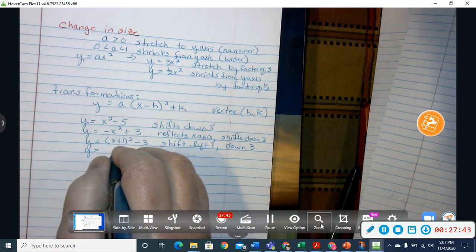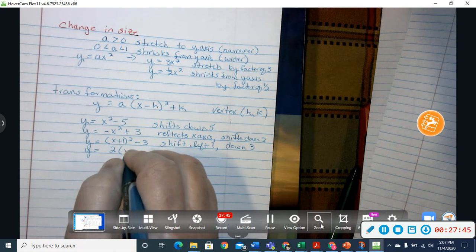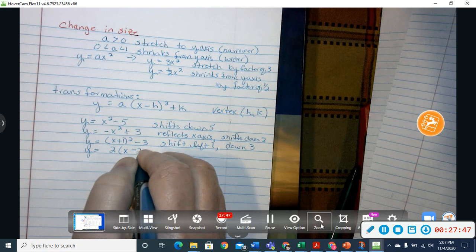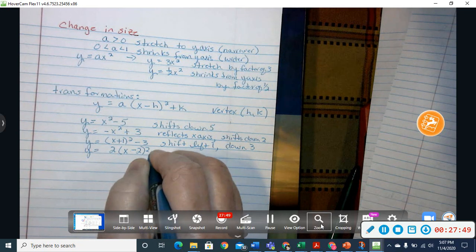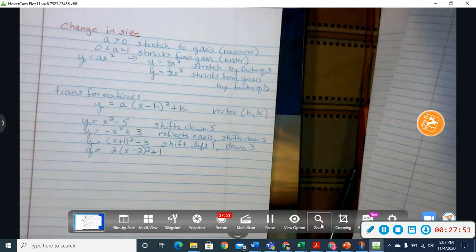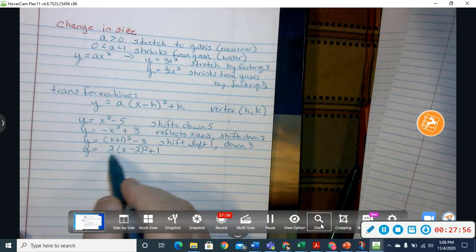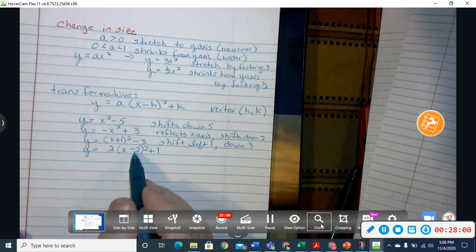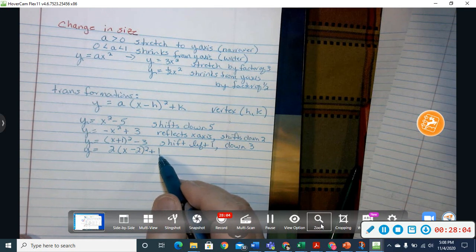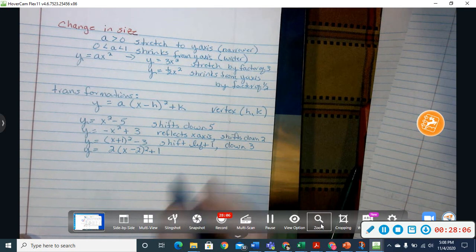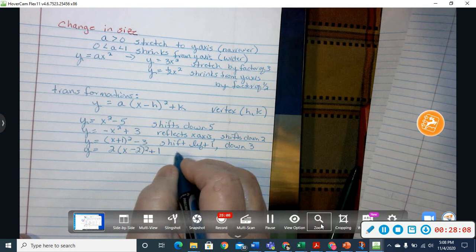Y equals 2 times x minus 2 squared plus 1. This particular graph is going to stretch by a factor of 2. It's going to shift to the right 2. It's going to shift up 1. So it has 3 things happening to it.